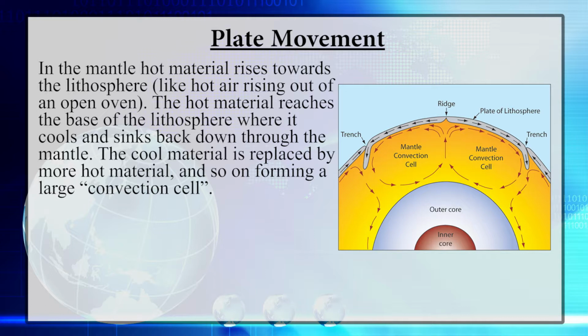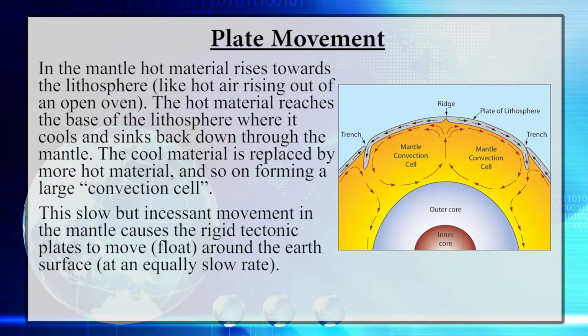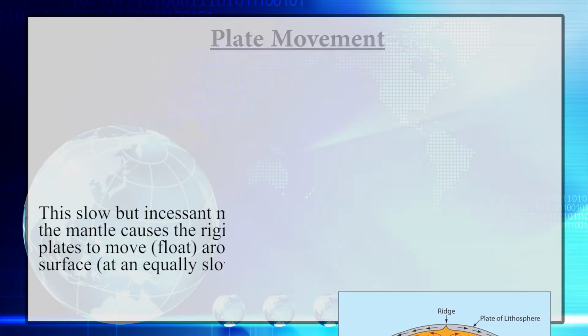The cool material is replaced by more hot material and so on, forming a large convection cell. This slow but incessant movement of the mantle causes the rigid tectonic plates to move around the earth's surface.